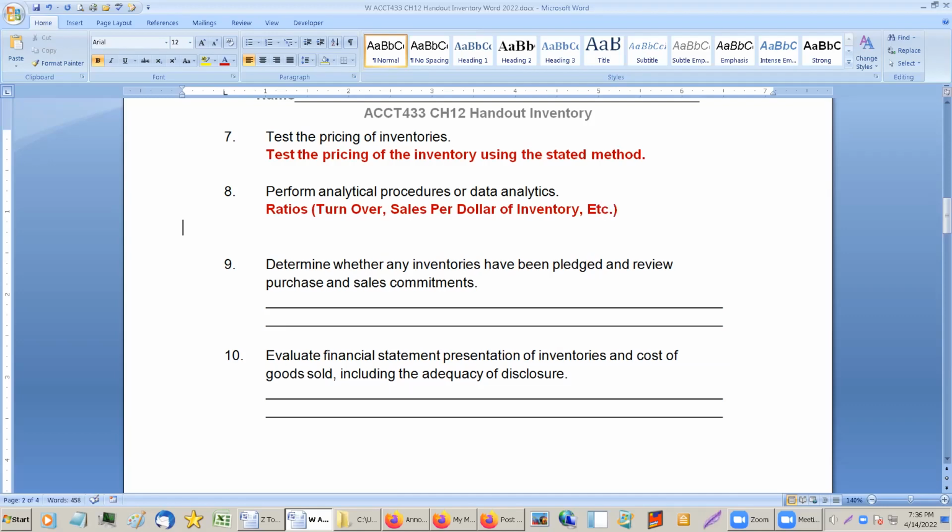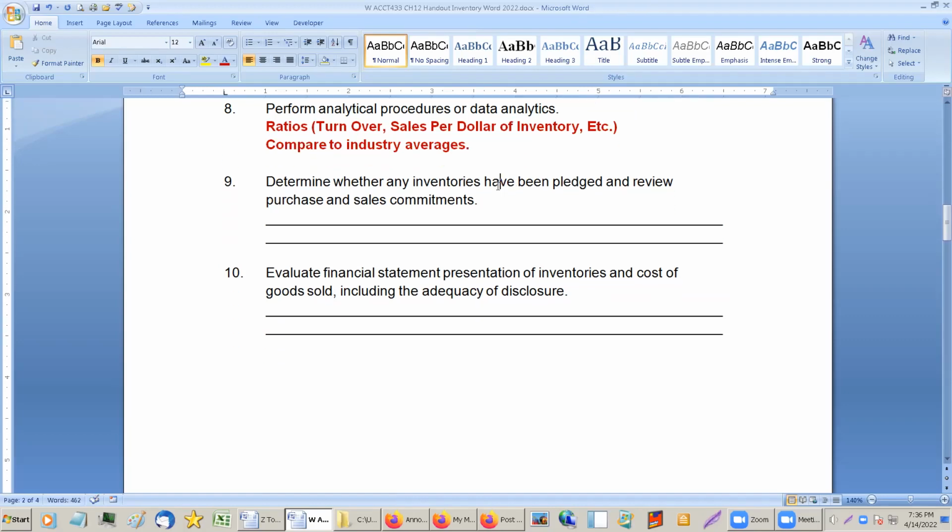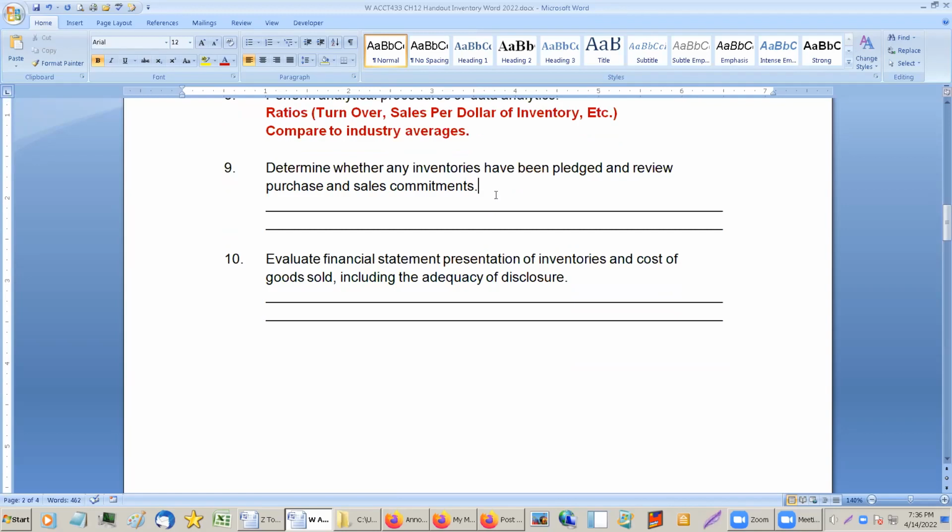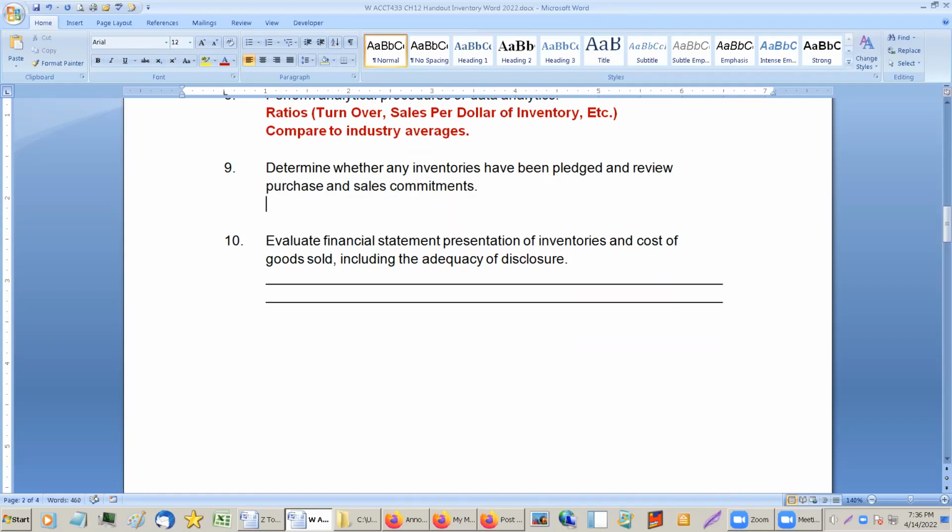The one thing you can do is compare those to industry average. This one is important too. Remember that ending inventories have been pledged.